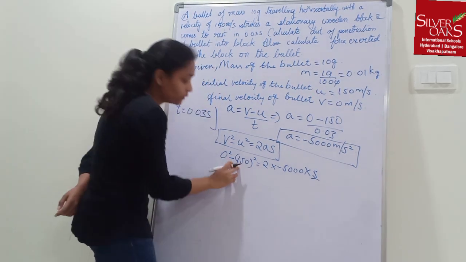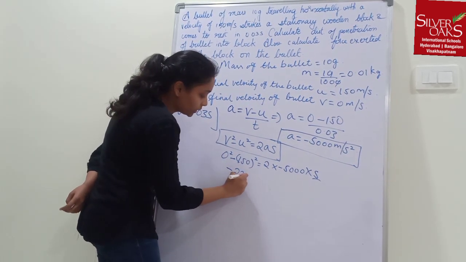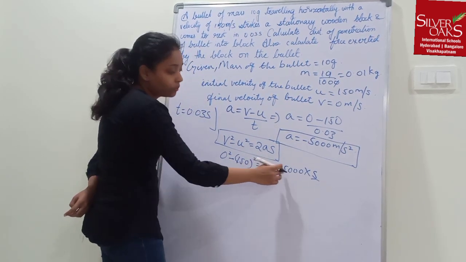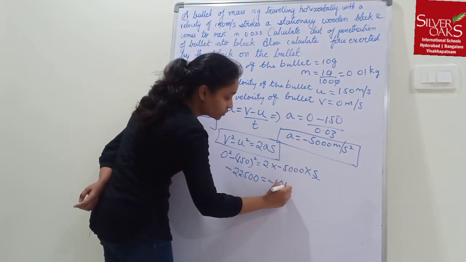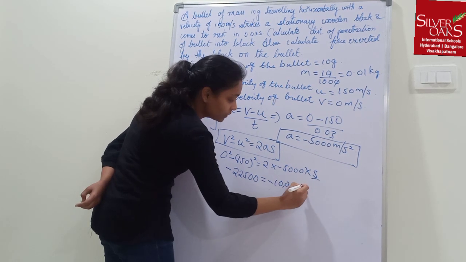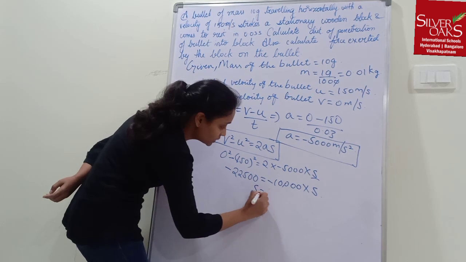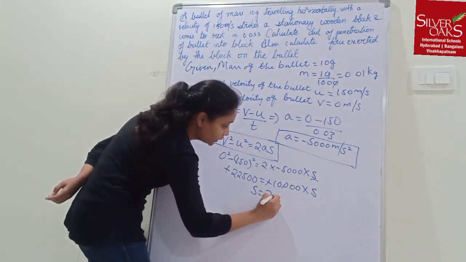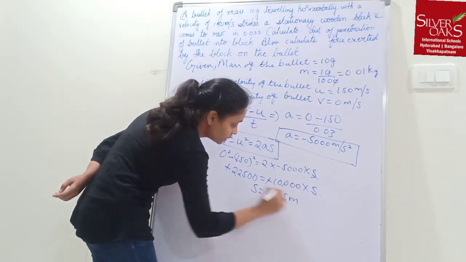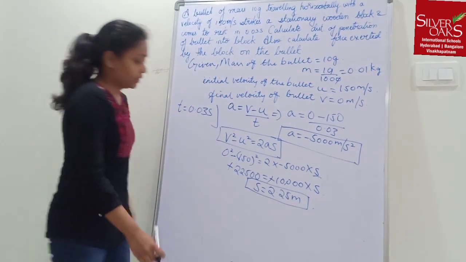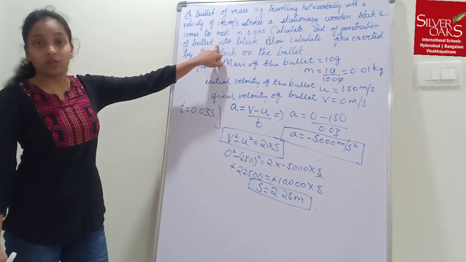So 150 squared will be 22,500 and 2 into minus 5000 will be minus 10,000 into S. So the distance will be 2.25 meters. Distance of penetration of the bullet will be 2.25 meters. So we have calculated the first part of the question.